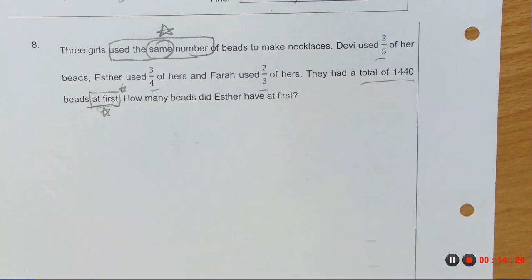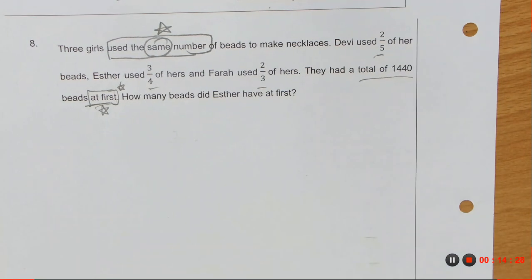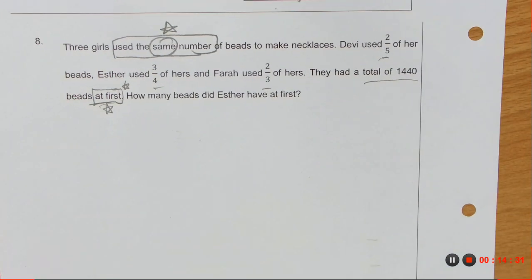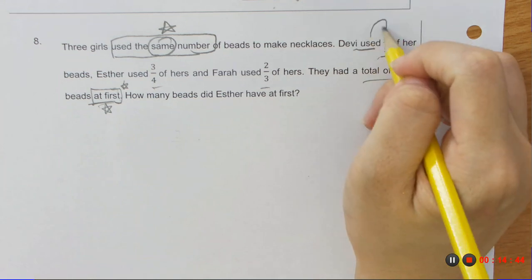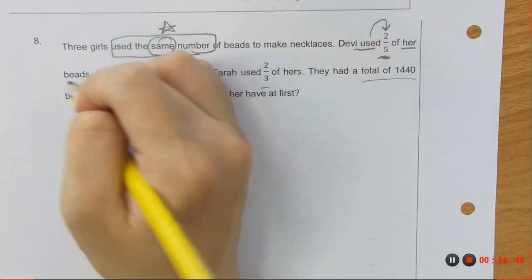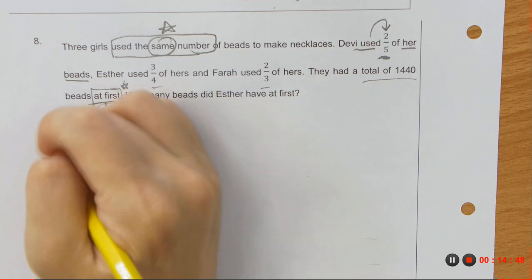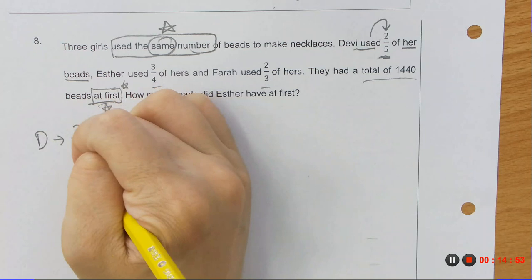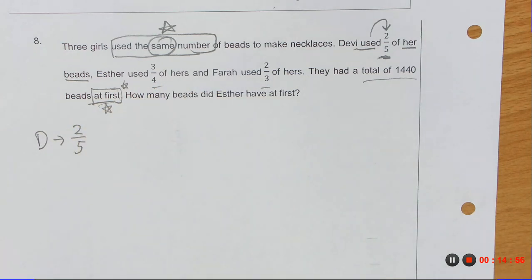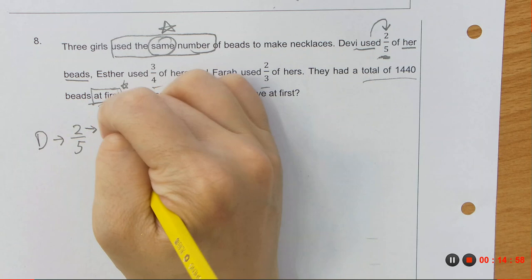Now, let's read it again, using what we have learned from fraction and ratio to solve. Davy used 2/5 of her beads. So for Davy it is 2/5 of her beads. 2 is used.